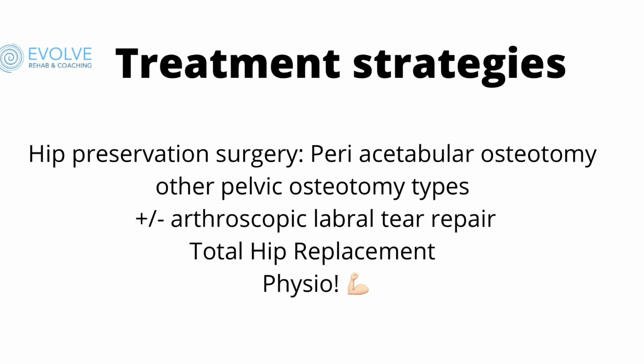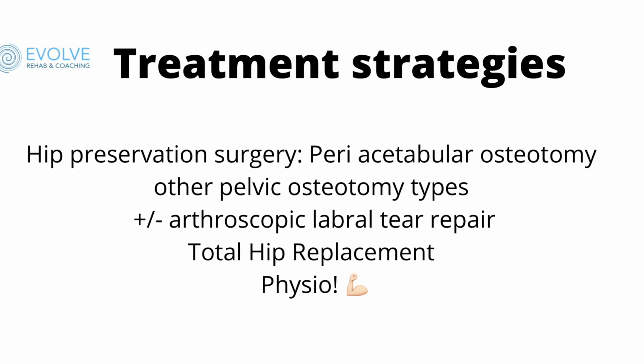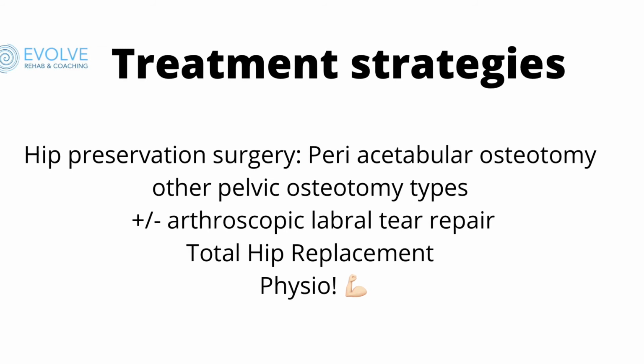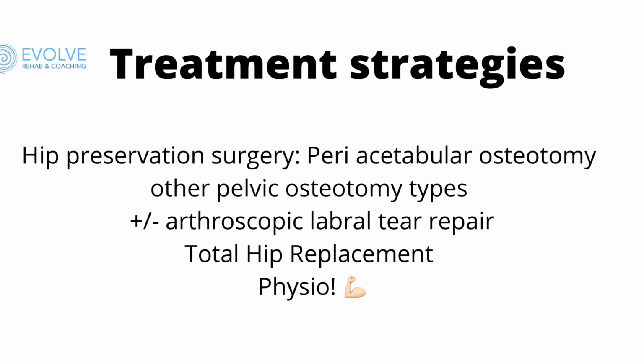Often you'll also have some labral tearing, because the labrum is that soft tissue structure inside the acetabulum that really helps to stabilize the hip as well. Now, if you've got hip dysplasia, your bones are not stabilizing you, so that labrum works a lot harder and is commonly torn. So that will also be repaired arthroscopically to give you some more stability.